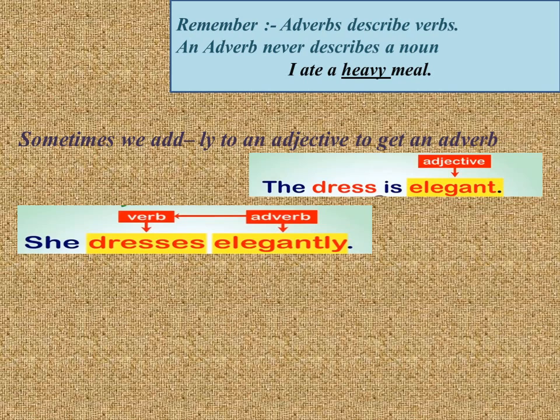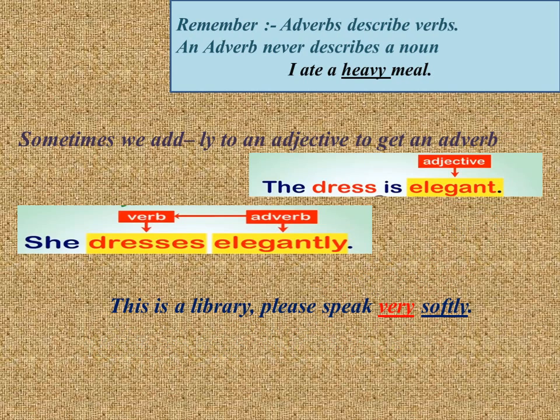Have you understood, students? The dress is elegant: elegant is an adjective there. She dresses elegantly: elegantly is an adverb. Here the word elegantly describes the verb dresses.